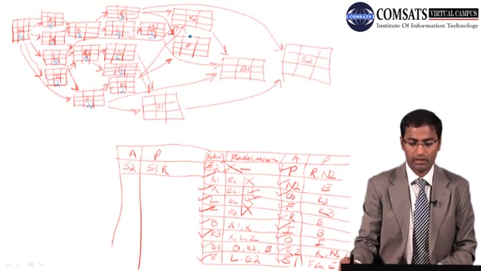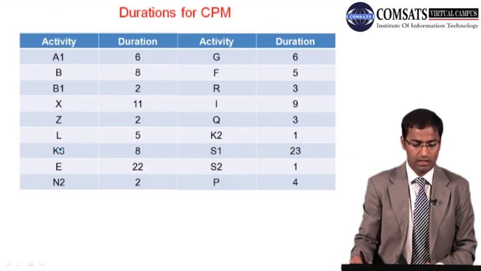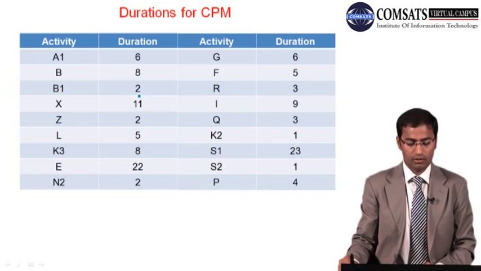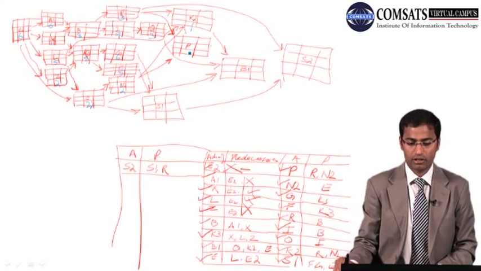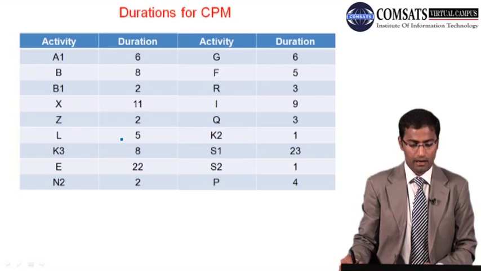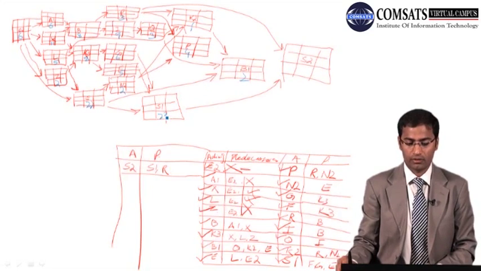Now P and B1, so where is P? Okay, B1 is 2 and 4, and S1 and S2: S1 is 23 and S2 is 1.